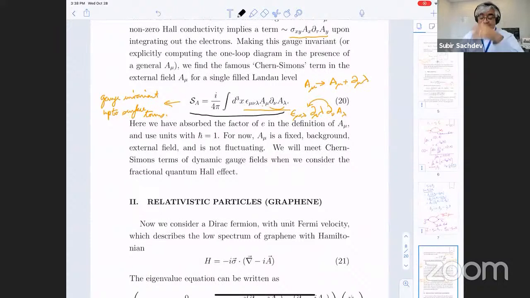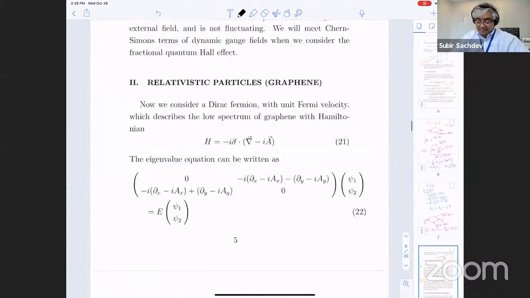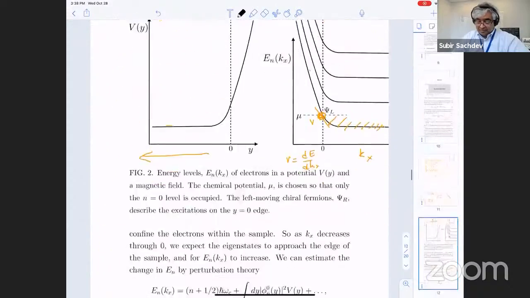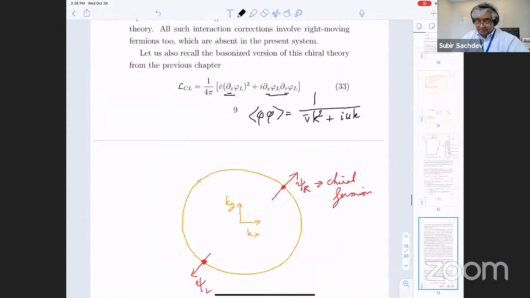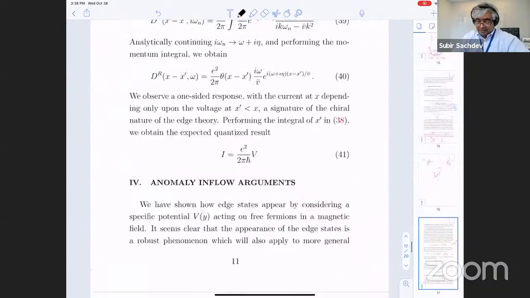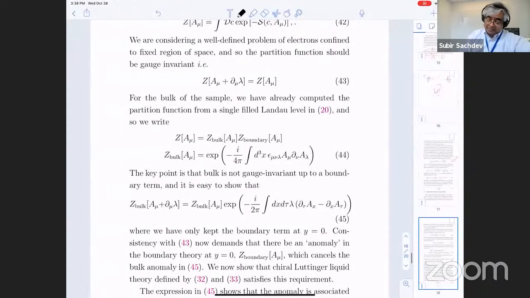So that is the partition function of a single Landau level, at least for low energies, in the presence of an arbitrary gauge field. It's the exponential of the Chern-Simons term of the electromagnetic gauge field. All right. So I know what Z bulk is right here.